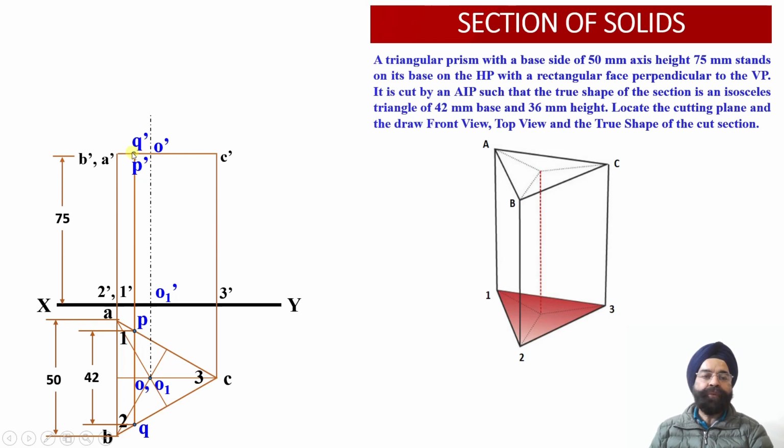Now we have to keep the needle point of the compass at this position, and open the compass equal to the radius 36 millimeter.